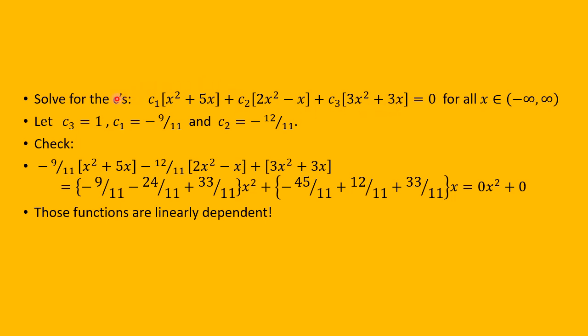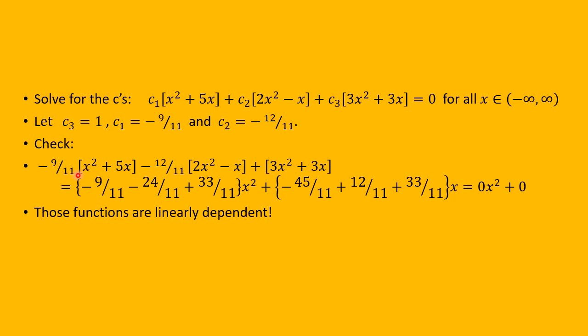We saw that a solution that will work in this case to make this 0 for all x was C1 was minus 9/11, C2 was minus 12/11, and C3 was 1. Let's just check to see if that really works. So let's plug these numbers in for C1, C2, and C3 up here, and that's where we get this. C1 was this, C2 was this, and C3 was 1 right here.